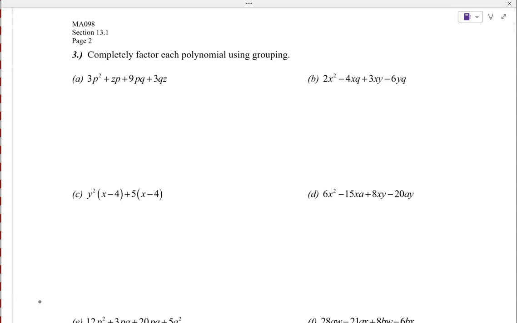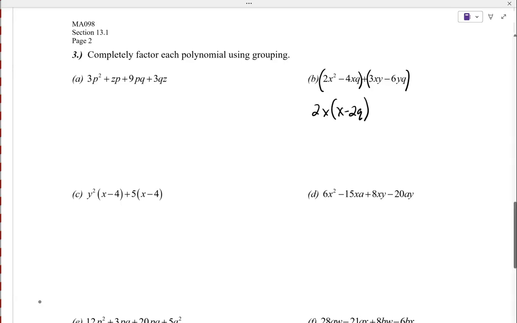Yeah? Okay. So you're looking at part B here. Factoring by grouping. Looking at the first two terms grouped together, what can you factor out? A 2x. Good. Everybody agree that there's a 2x that you can pull out? Yeah? Okay. After you pull out the 2x, what are you left with?